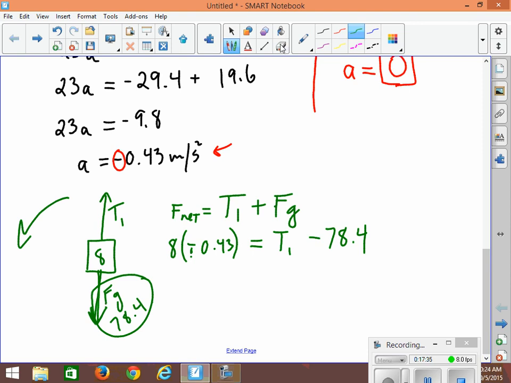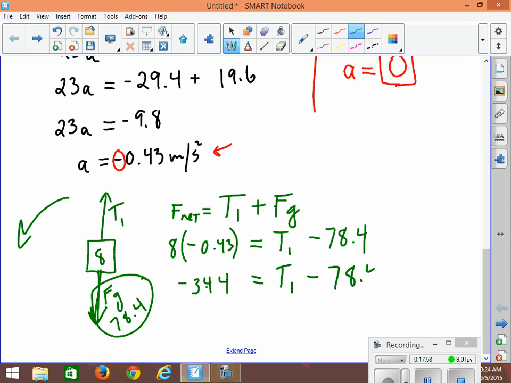Okay, let's do some math. Let's clean this up, at least the math we can do, or we can try. Let's see, 3 8s are 24, 32, 33.44, right? Okay, good, 3.44. And then T1, and it will be negative, right?